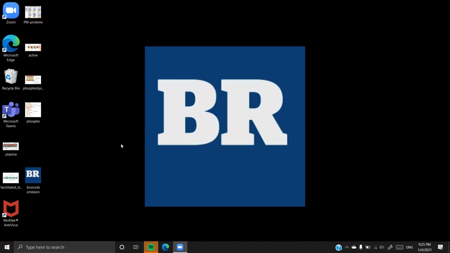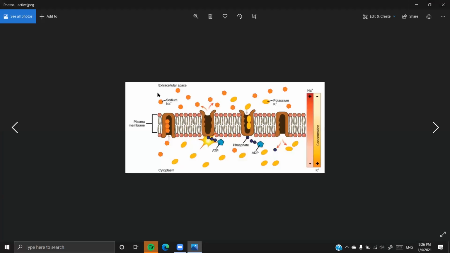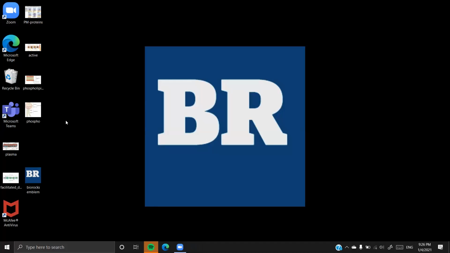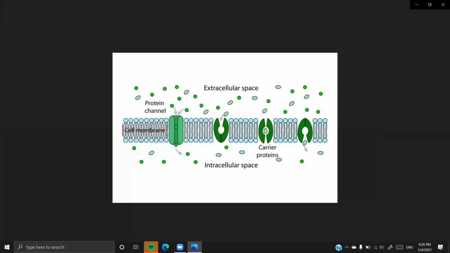Now let me show you, children, a few more slides, so that it will be easy for you all to remember. I was talking about active transport ion channels. These are the ion channels which transfer sodium as well as potassium ions. Next is the facilitated diffusion that I have spoken about.